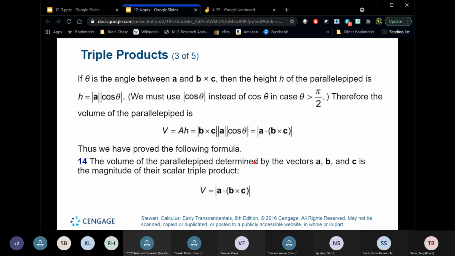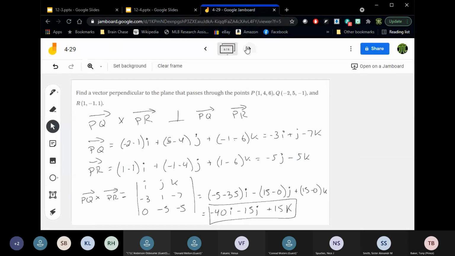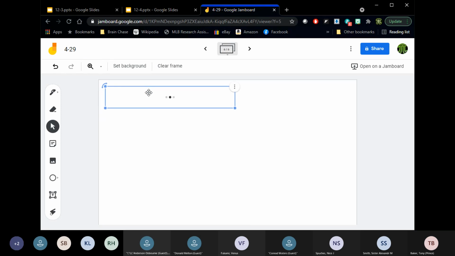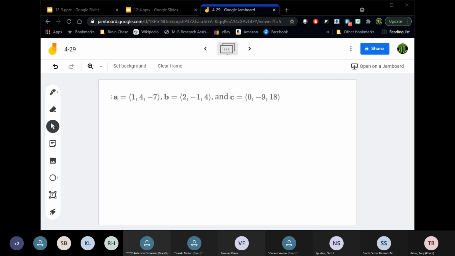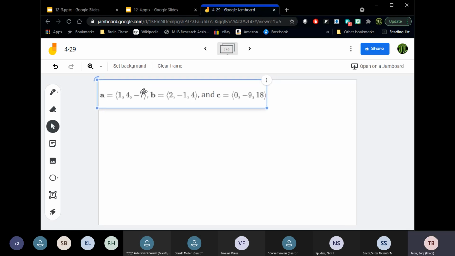Okay. Find me the volume of the parallelepiped of those three vectors.